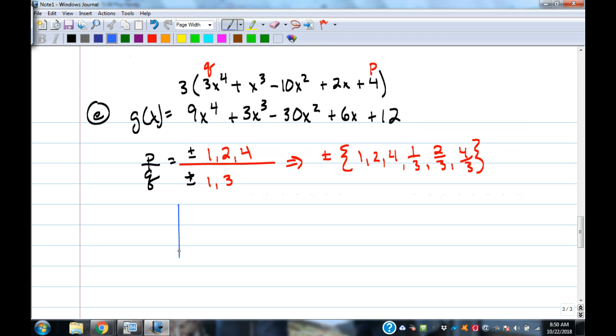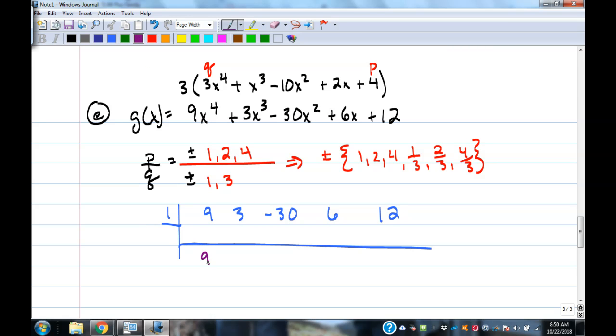So I'm going to set up my synthetic. And I'm going to go back to the original problem, the 9x to the 4th, and do my synthetic from there. So I'm going to use +1 first because that's the easier one. Make sure that you've got a representative from every power, starting with x to the 4th, 3rd, squared, 1st, 0. Some of them might have a missing piece.